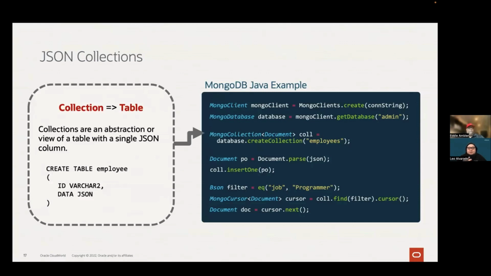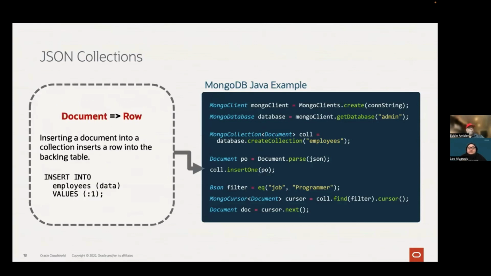So as you can see here, we are trying to create a table named employee with a data type of JSON. Okay, and inserting a document into a collection inserts a row into the backing table.